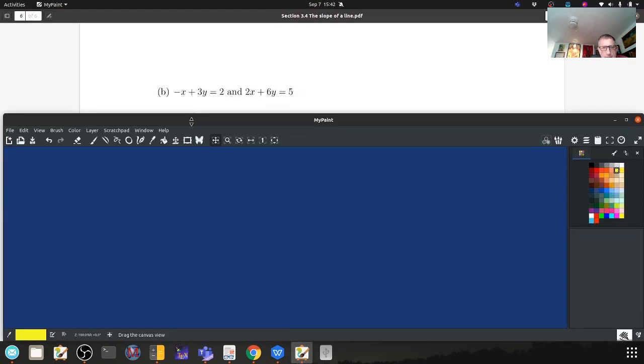So here we're given, again, two lines. Minus x plus 3y is equal to 2. That's one line. And the other line is 2x plus 6y is equal to 5. So let's figure this out. I'm solving for y. So 3y is equal to, I move the minus x to the other side and it becomes x, and I scoot the 2 over.